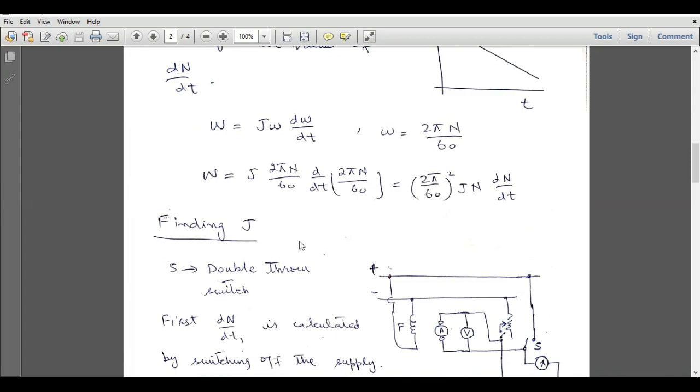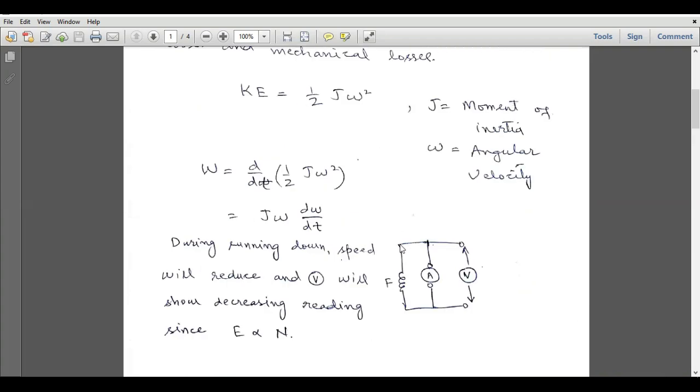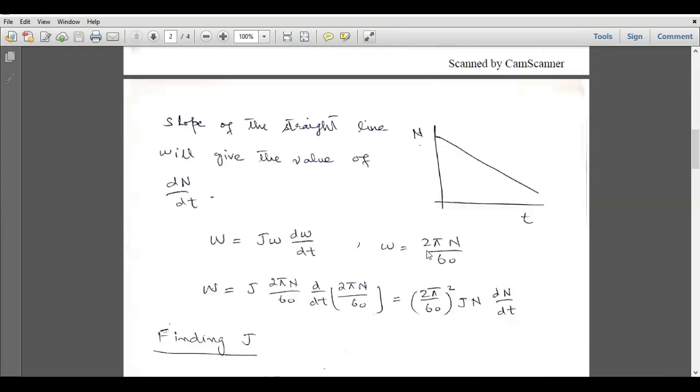Finding this value is not very difficult. All we have to do is perform this test initially: run the motor, then disconnect the armature from the supply and get this expression. We can get this dN by dt from this curve, and we get this expression in the first step.